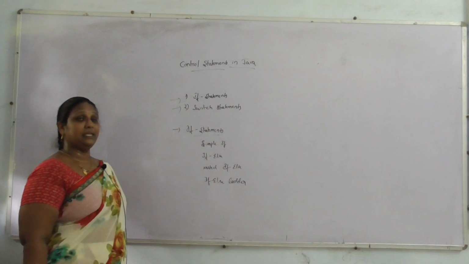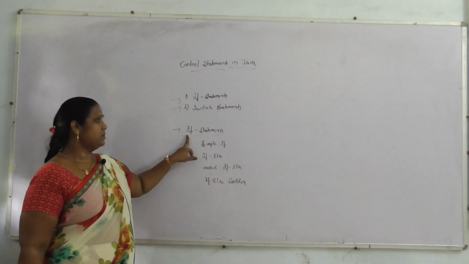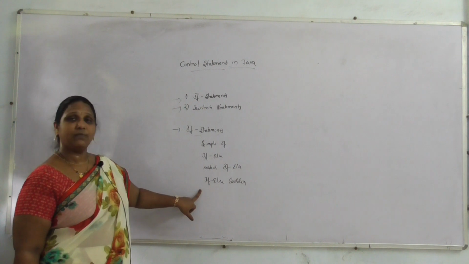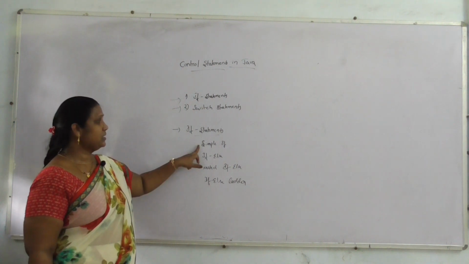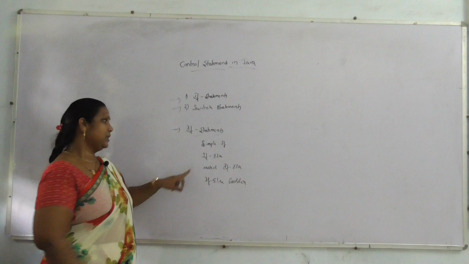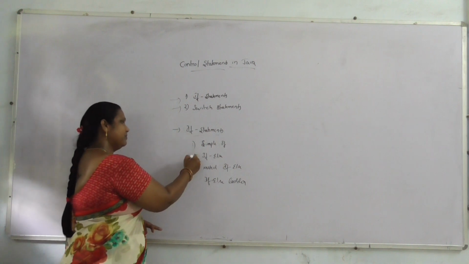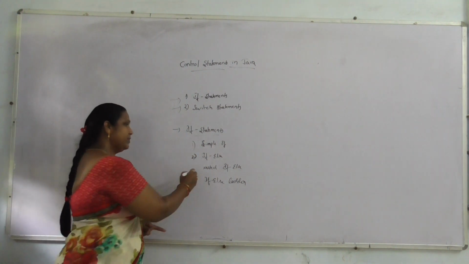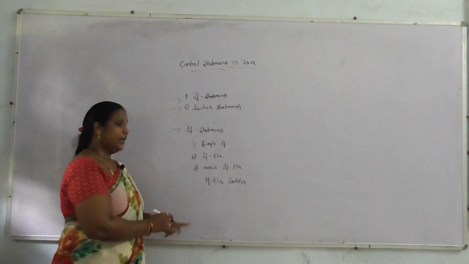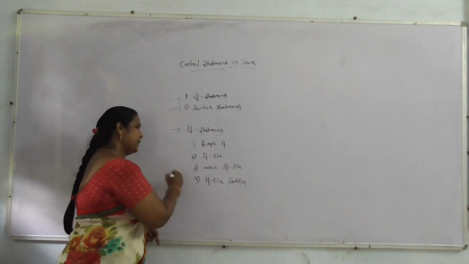First one is the simple if, second one is the if else, third one is the nested if else, and fourth one is the if else ladder.